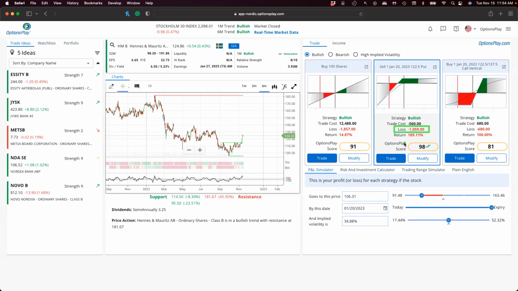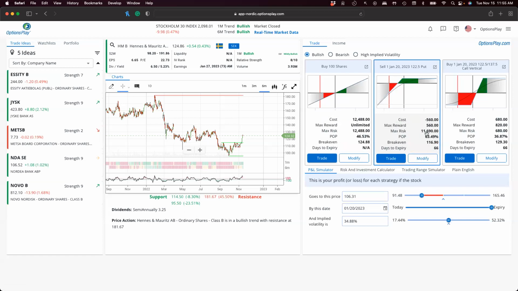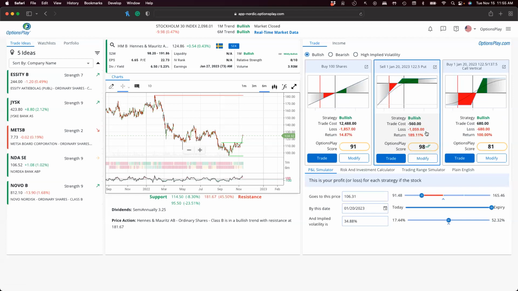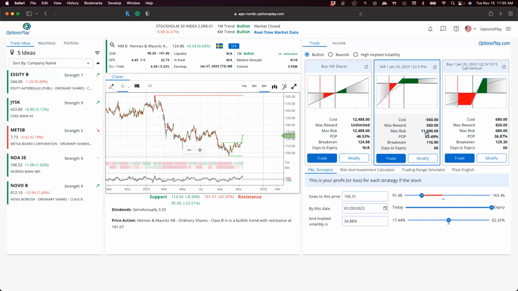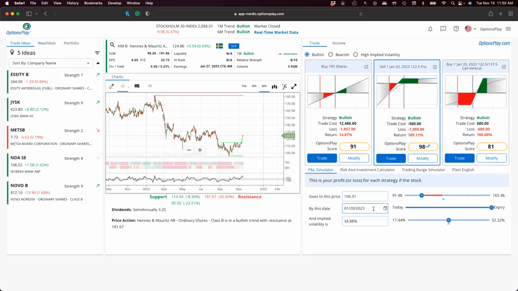Very big difference in those two numbers, right? The 9,600 tends to scare a lot of people away versus, in this particular case, 11,000 crowns versus 1,000 crowns. So technically I can lose up to 11,690 crowns, but in reality, if the stock declines 1 standard deviation lower, I'm only losing 1,000 crowns.